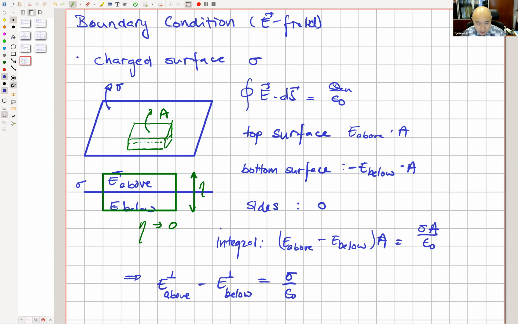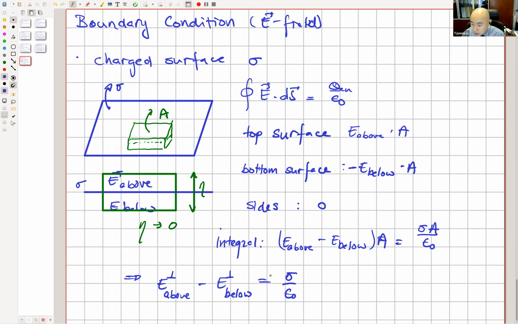From this equation to this equation here, I've simply divided out the area that I'm using. So this is my first boundary condition, and that is that the perpendicular component of E is discontinuous over some charged surface.